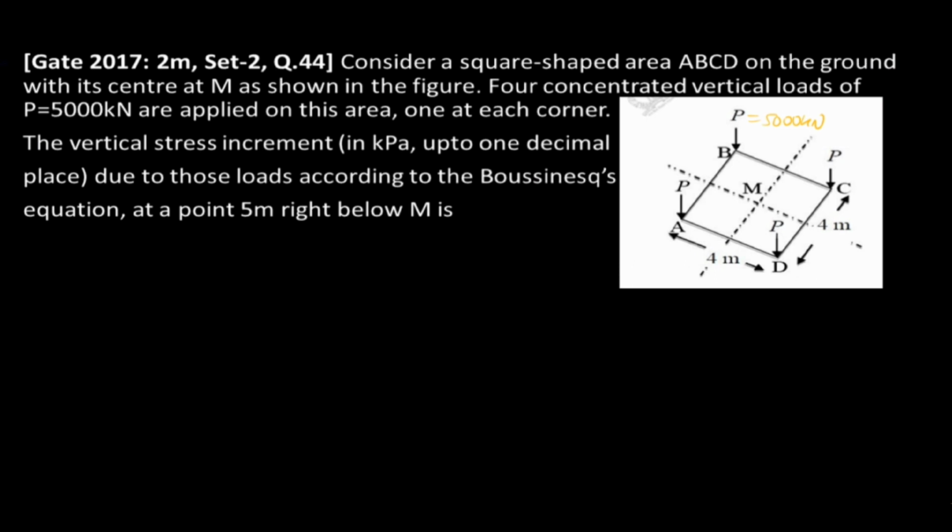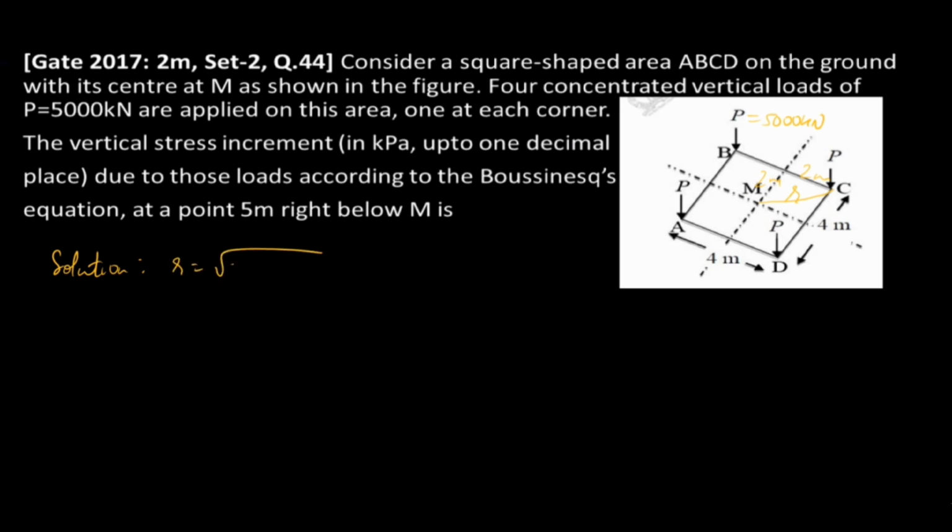So for the effect of vertical stress at point M, we need to calculate first the radial distance, M to P. Since M is at the center of this area, we can take the distance here as 2 meter and this one as 2 meter. So we'll calculate the value of R.